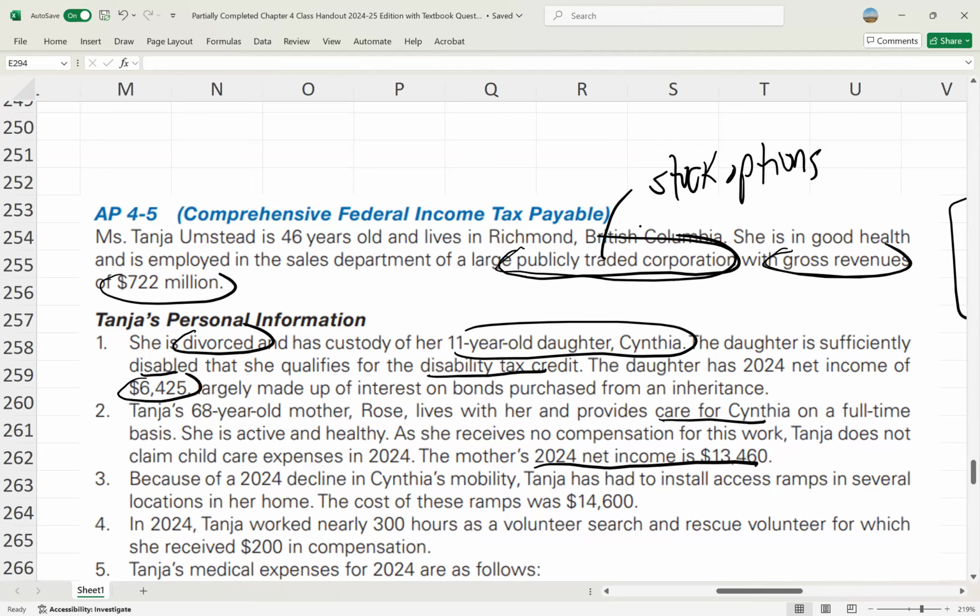The eligible dependent also has that income threshold where we take the BPA amount minus the dependent's income. So if you think about it, which one has the lower income? Well, Cynthia does, right? 6,425 versus Rose, which is 13,460. So because Tanya can only make one claim for the eligible dependent, she'd be better off claiming her daughter Cynthia because Cynthia has less income.